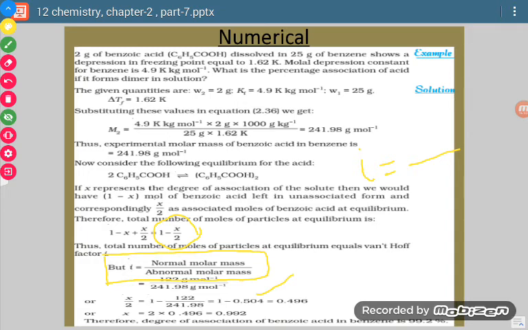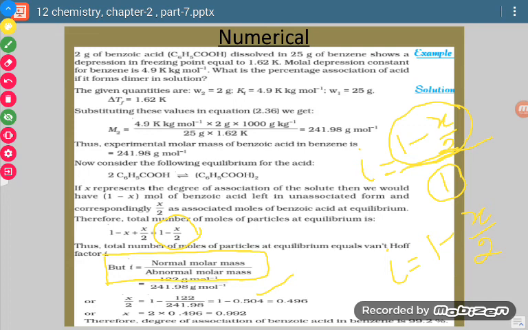Now how can we write here? i is equal to the total number of moles we have calculated, 1 minus x by 2. Okay, and how many total moles were there in the beginning? It was 1. So i is equal to 1 minus x by 2. Here 1 minus x by 2 is the total number of molecules after association, and 1 is the total number of molecules in the beginning. Okay, so i is equal to 1 minus x by 2.